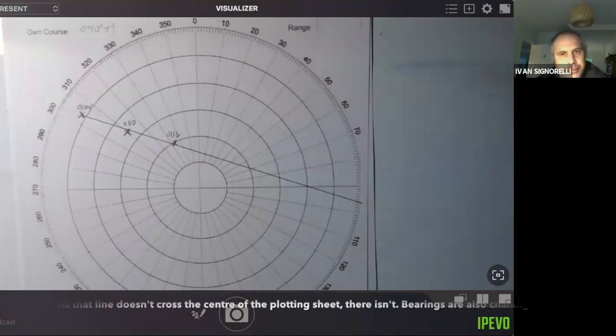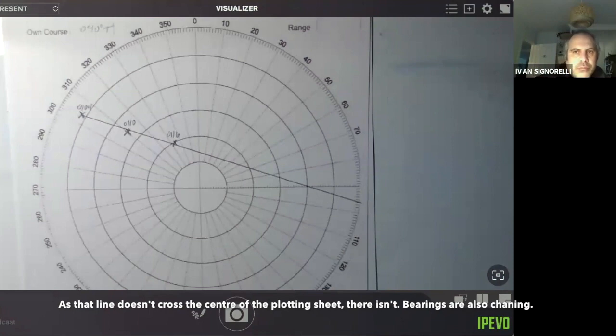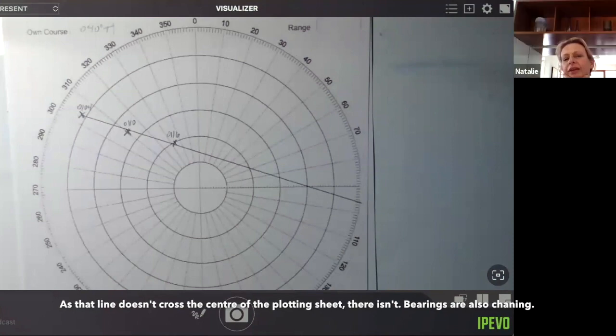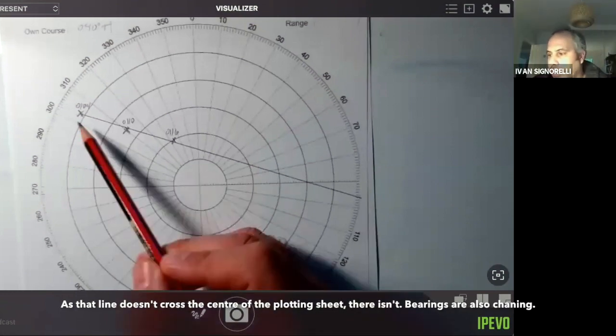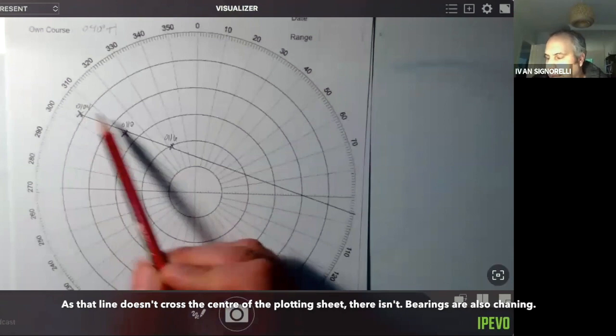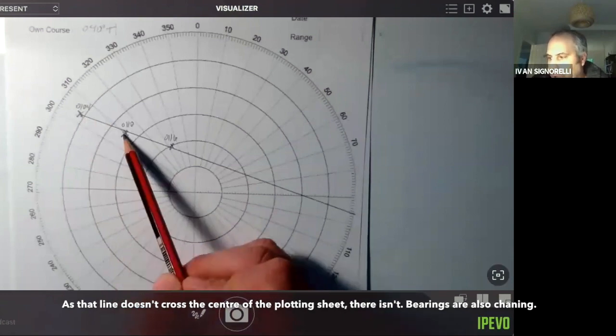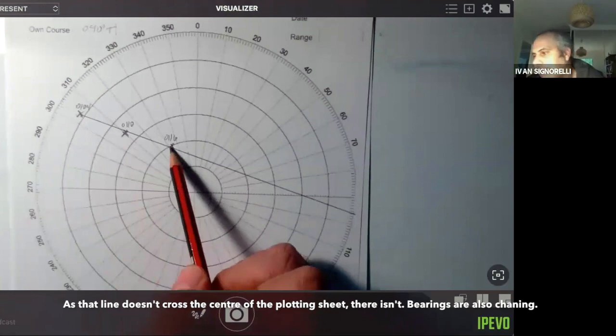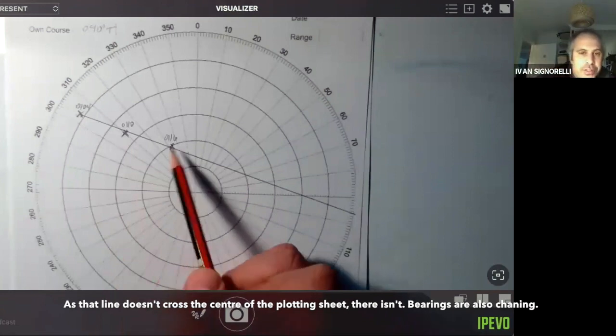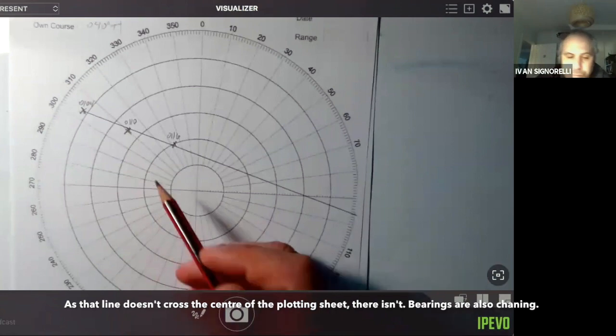What do we think? No, right? Because remember, the bearing is changing. We were at 305. Then on the second one, the bearing was 310. Then on the third one, the bearing is 325. So really, we're not on a risk of collision here.